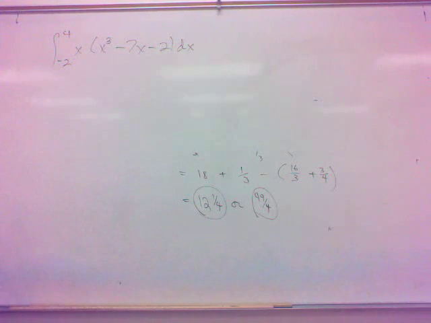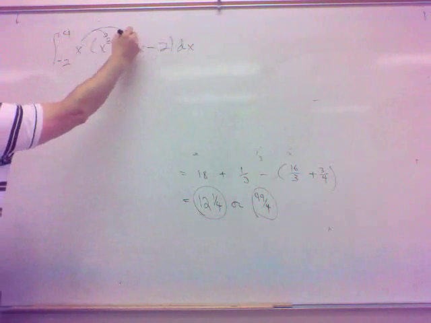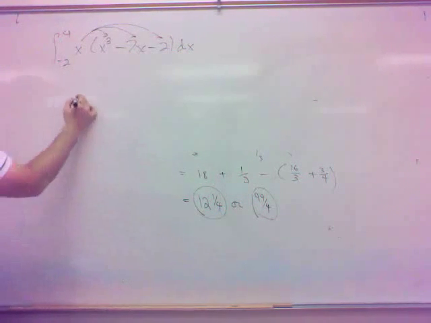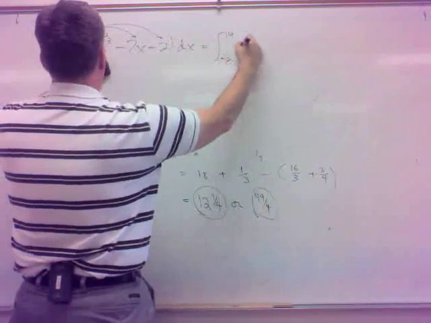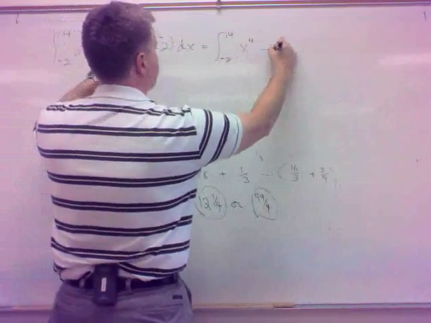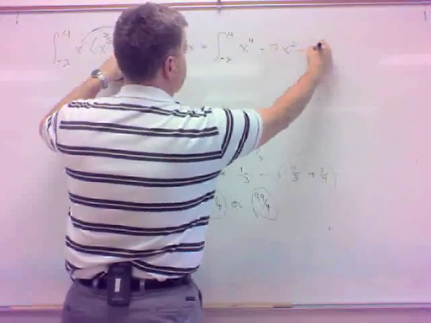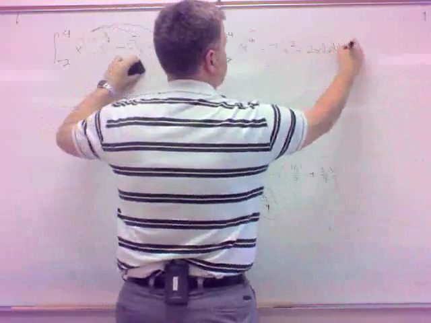All right. Yeah, so again, we mentioned this just a second ago, but if you got a product, you do want to go ahead and multiply that product out if you can. Best way to do it. So go ahead and distribute the x in. Not that hard to do here, so make it the integral -2 to 4 of x to the 4th minus 7x squared minus 2x dx.